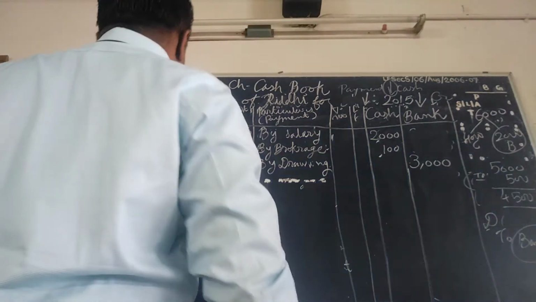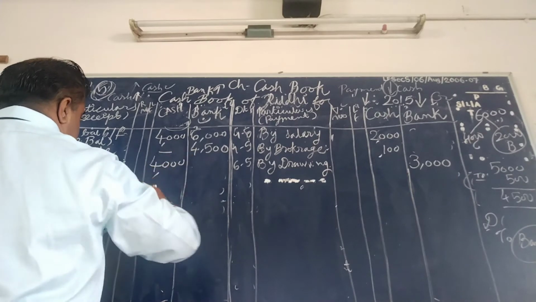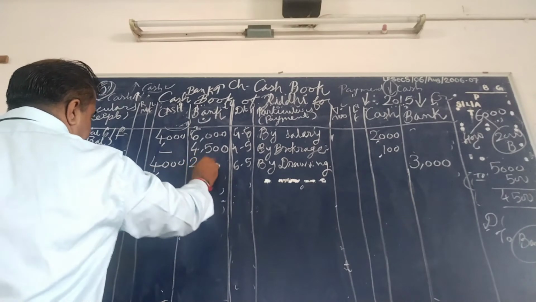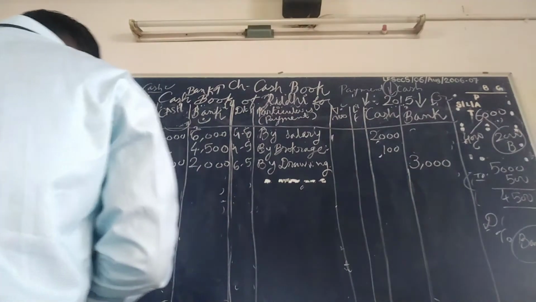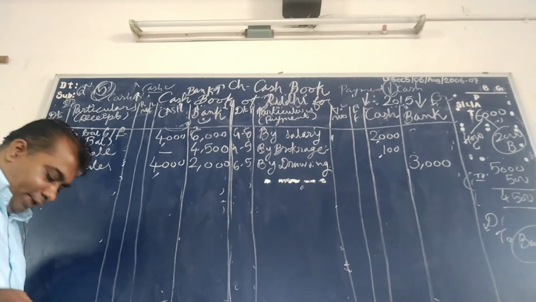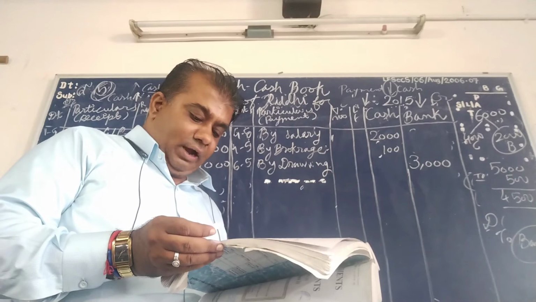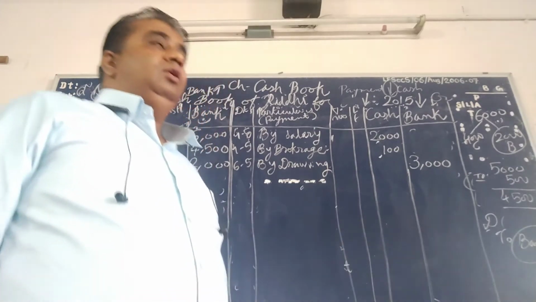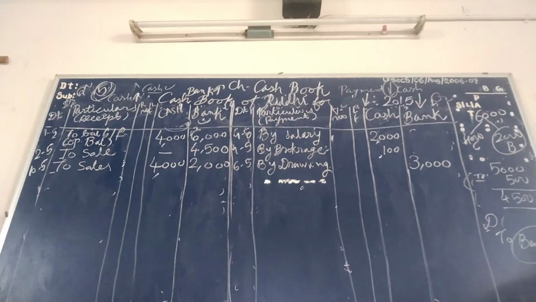We received 4,000 cash. So in the cash column we write 4,000, and in the bank column we write 2,000. Next one. On the 12th of May, goods of rupees 5,000 purchased and amount is paid by the check. So we purchase the goods and we give a check of rupees 5,000.